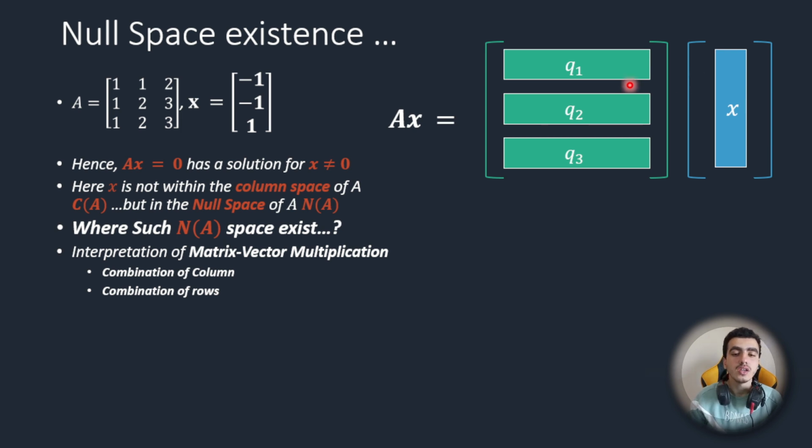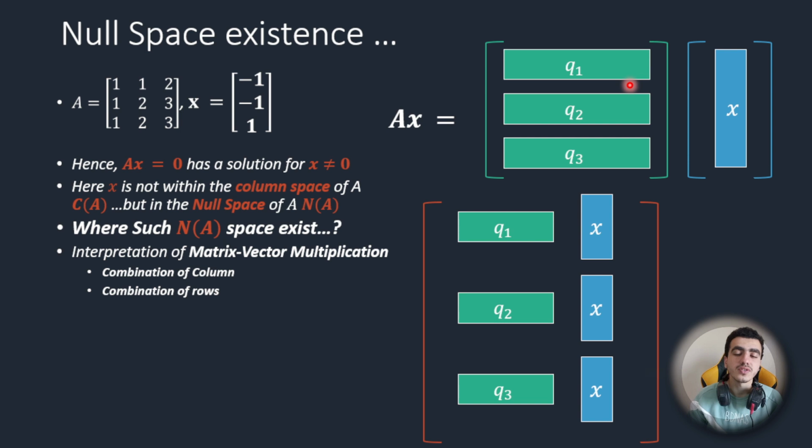So if you remember from the dot product part, what is the dot product? It is basically multiplying a row by a column and generating a single number, because here the row dimension is 1 by 3 and this x is 3 by 1. So the output will be 1 by 1, a single value, a scalar.